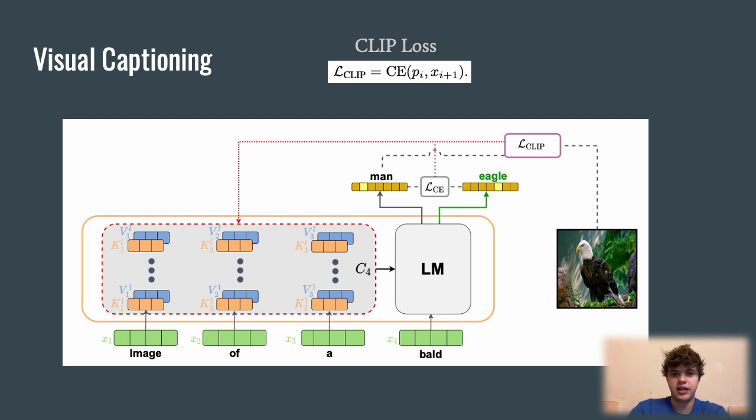So this just takes whatever the output sentence is, and just tries to compare it back to the image and comes up with a score that way. And that just helps this method become significantly better than previous methods for visual captioning.